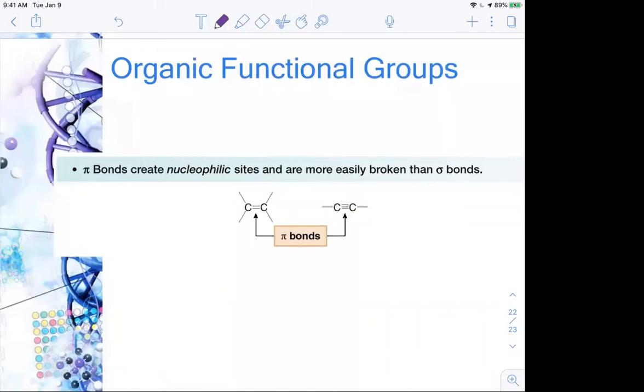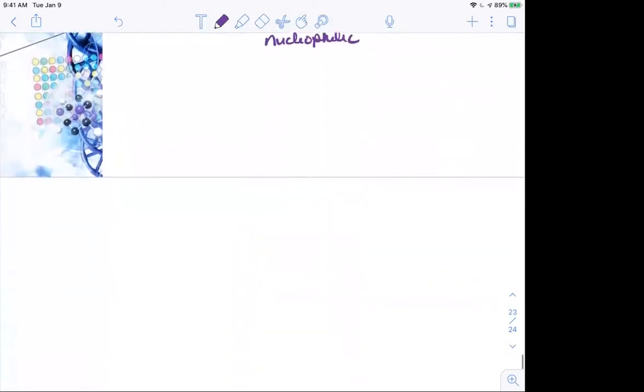I have the double bond, which remember I have a sigma and I have a pi. Here I have a sigma and then I have two pi bonds. These pi bonds are electron rich. They're nucleophilic sites. Those pi bonds are more easily broken. All I have to do is twist them a little bit to get that side-by-side overlap and break it. Those electrons that are there can then act as nucleophilic sites.